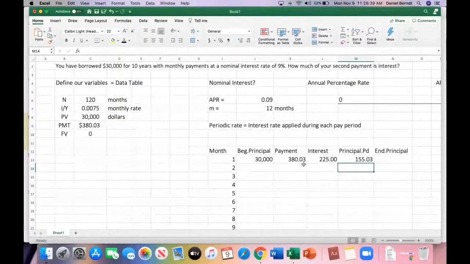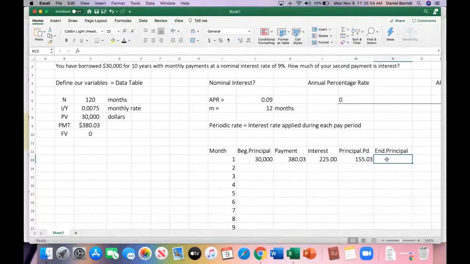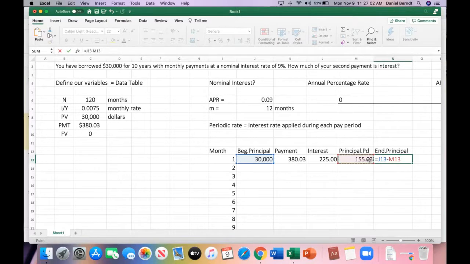So in that first payment, I paid $225 to interest, but I only paid $155.03 to principal. And since I did make a small payment towards principal, my principal changes. So I also have to figure out what my ending principal is. So I'm going to say equals. I'm going to take that beginning amount and subtract what I paid towards it.